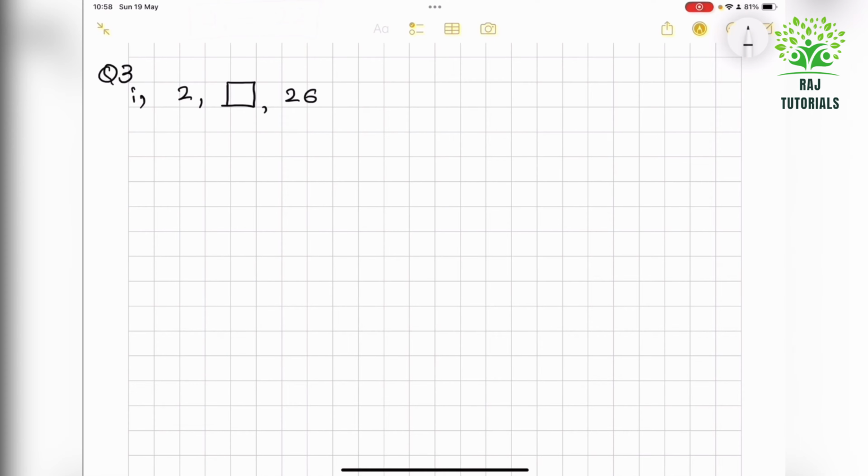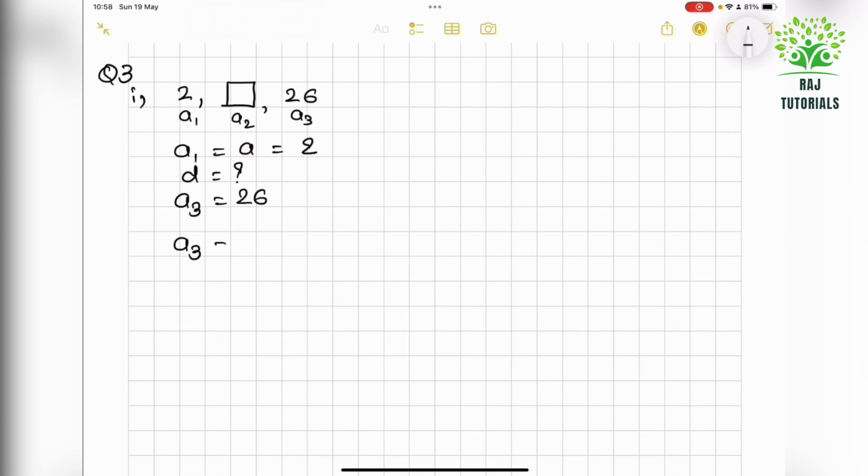Here question 3 says in the following APs find the missing terms in the boxes. First one is given: 2, box, 26. So can I say this is A1, this is A2, this is A3. So A1 or a equal to 2. D I don't know. I know A3 equal to 26.